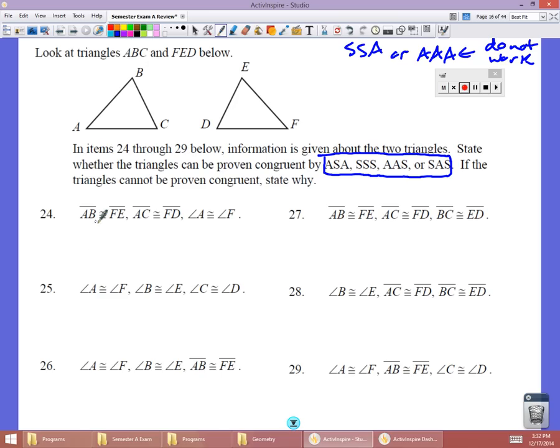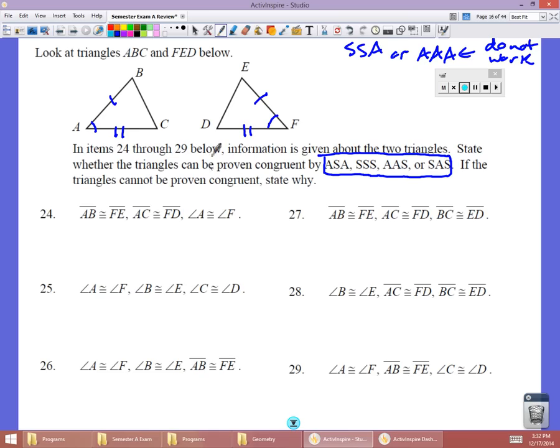Alright, so let's start with number 24. So we have AB is congruent to FE, AC is congruent to FD, and angle A is congruent to angle F. So we have two sides and an angle, so it could either be side angle side or side side angle. So the question you have to ask yourself is whether or not the angle is included.